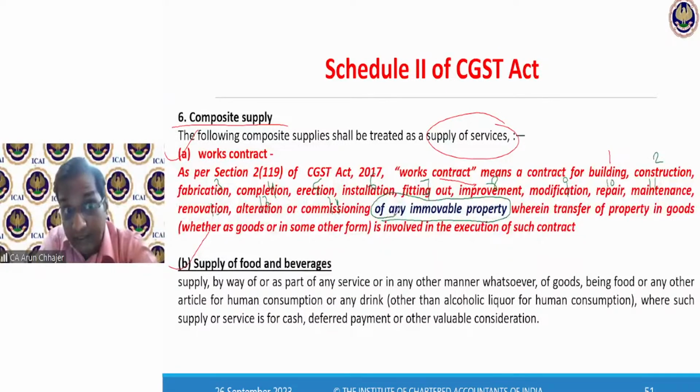It means if the underlying property is movable, can it be a works contract? No.